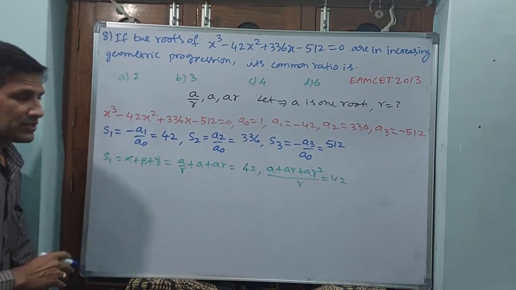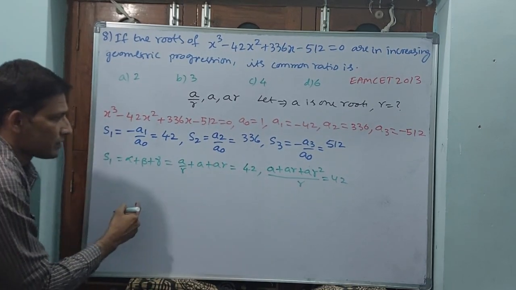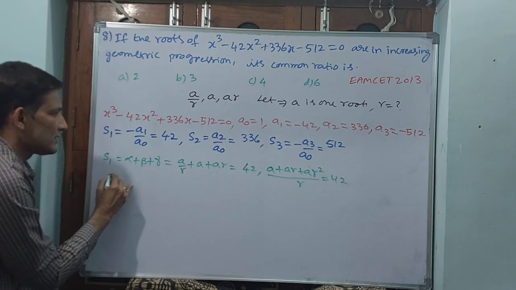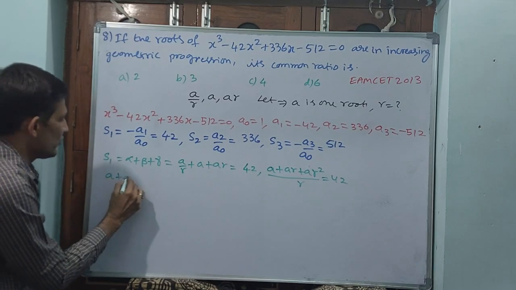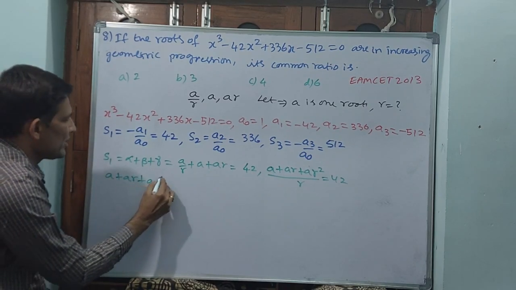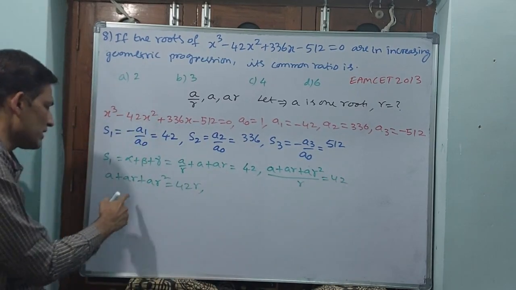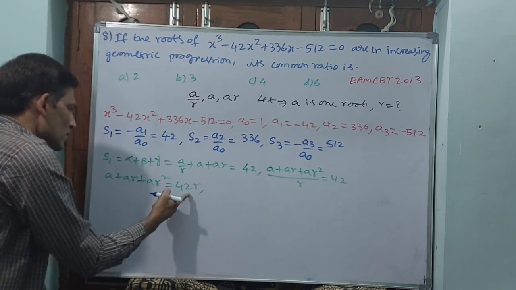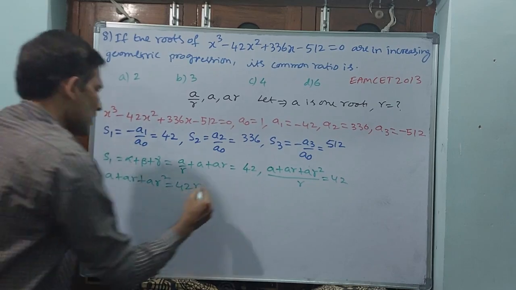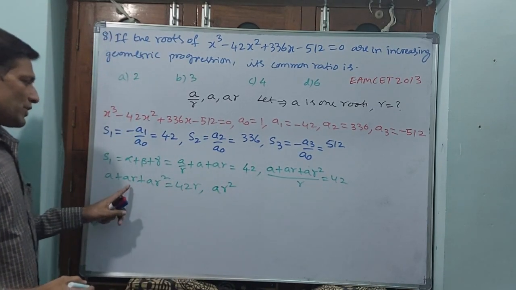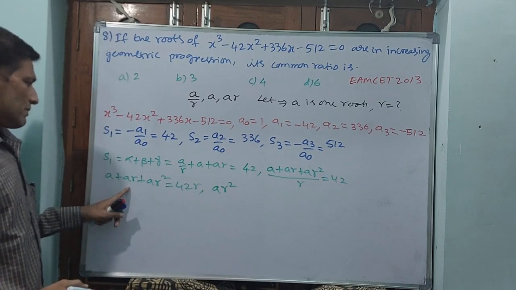Now write down A plus AR plus AR square is equal to 42R. With the 42R again you can bring this side, because here AR is there: AR square is 42R minus AR.